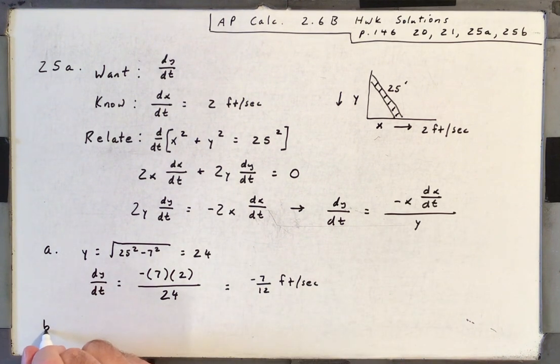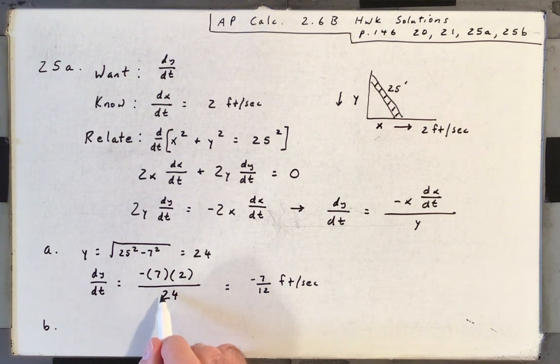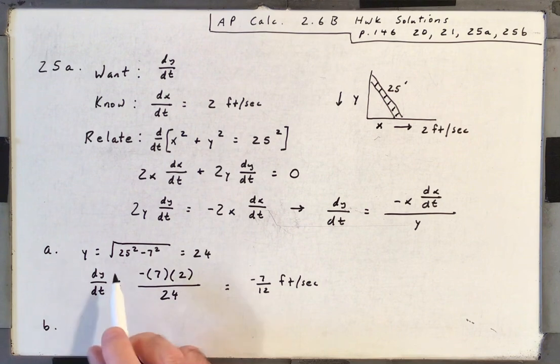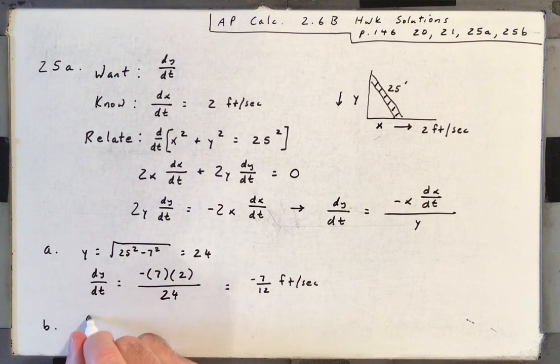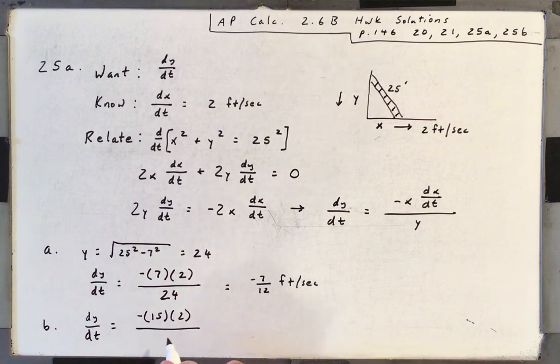All right, and for part B, we would just change the numbers as you needed to. When the base of the ladder is 15, go through the Pythagorean theorem, but dy/dt for part B would be negative 15 times 2 over 20.